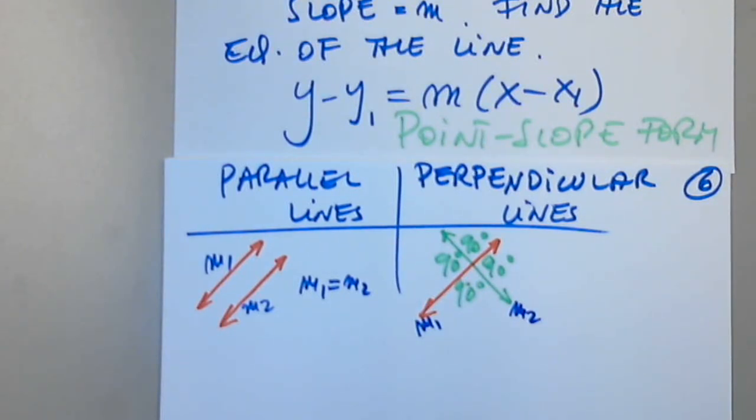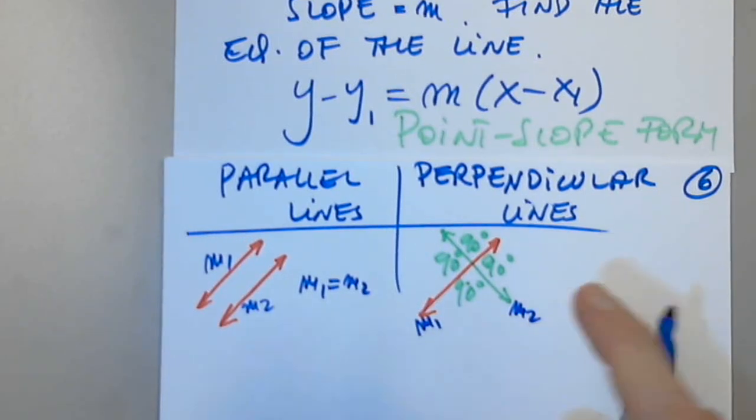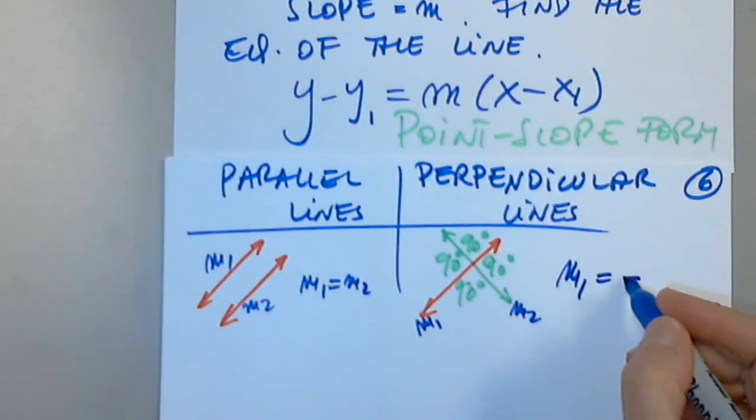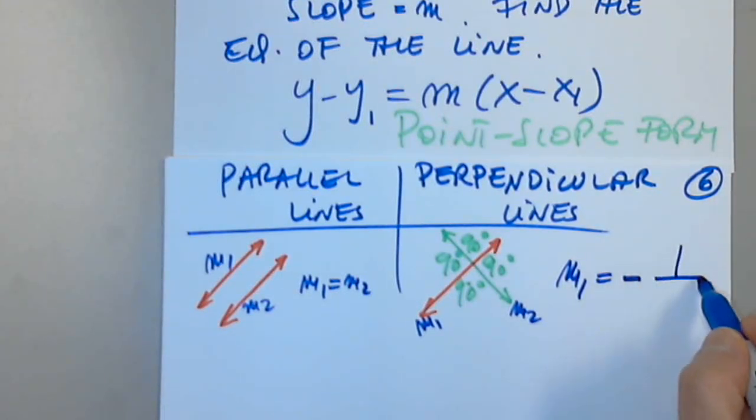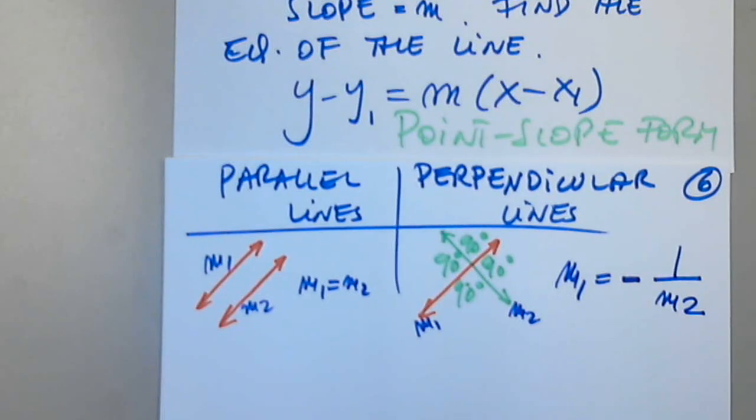So what is the relationship between the slopes of these two lines now when they are perpendicular? Negative multiplicative inverse. So the relationship here is m1 equals the opposite of 1 over m2.